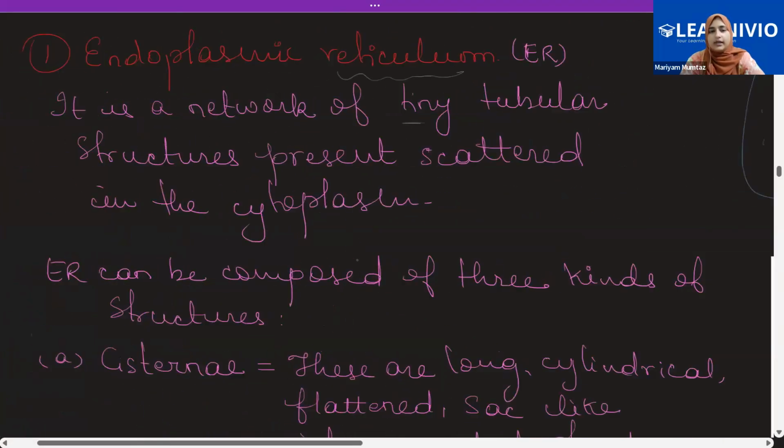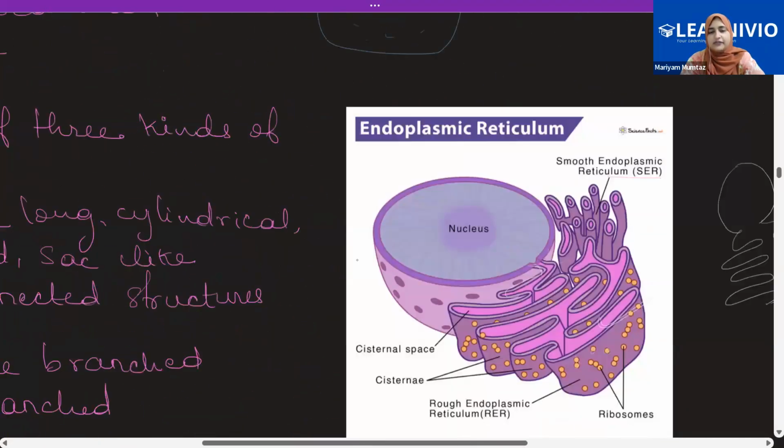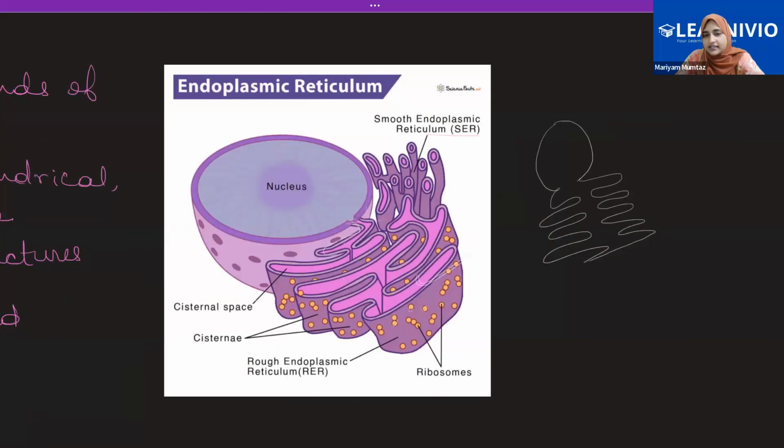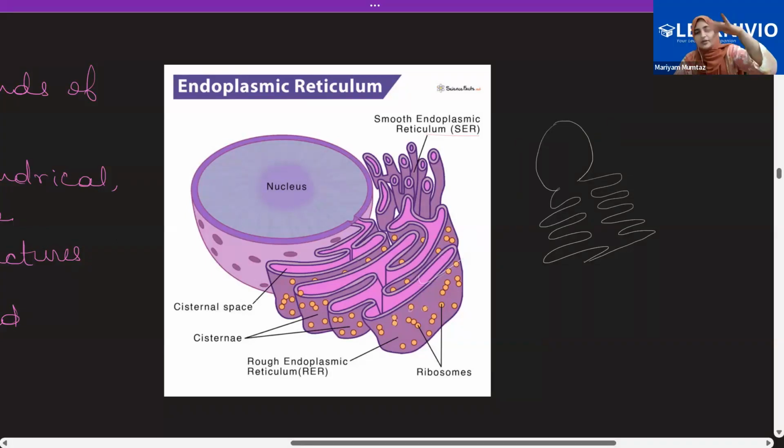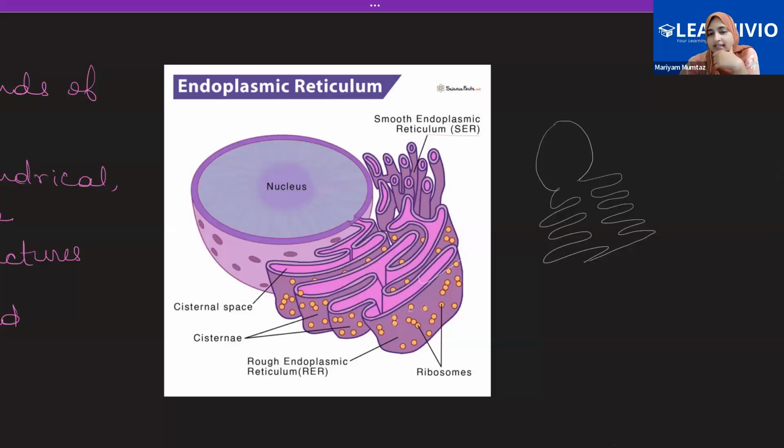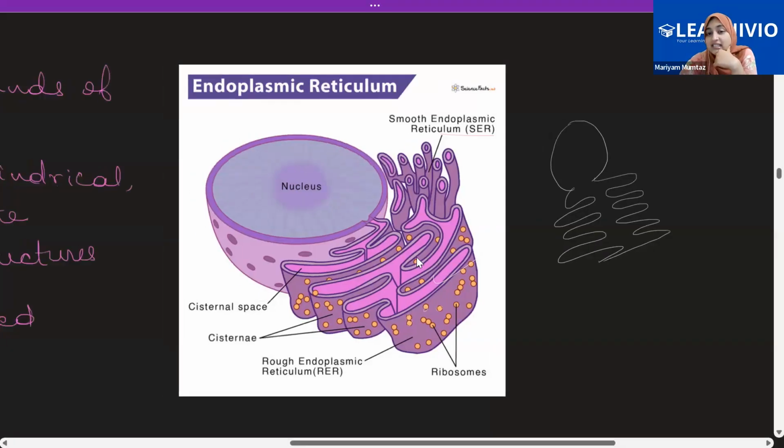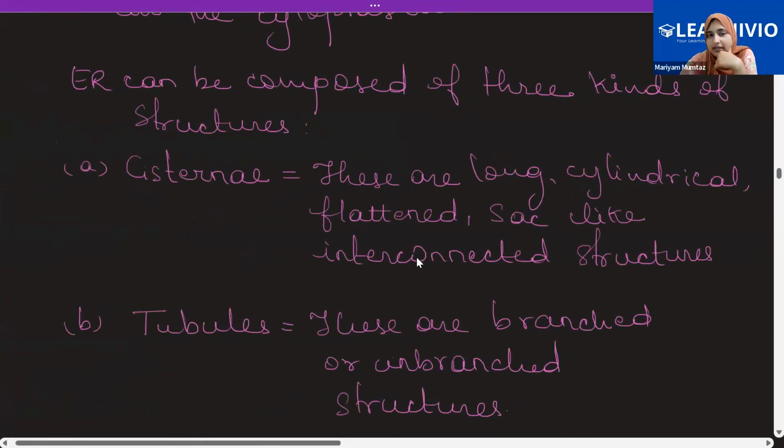Now, talking about the endoplasmic reticulum, one part of the nucleus continues in the form of this reticular network-like structure. This is what we call the endoplasmic reticulum. It's like an extension from the nuclear membrane.